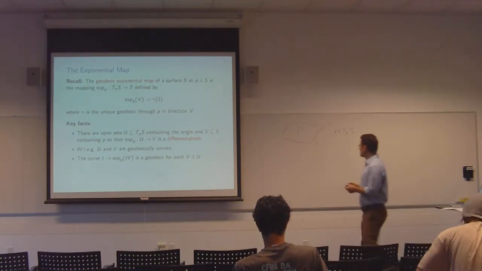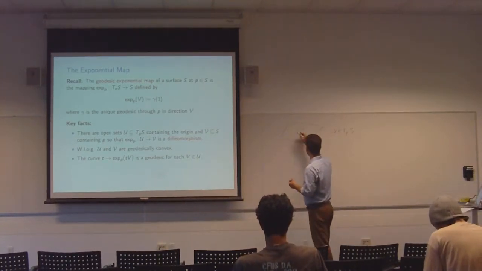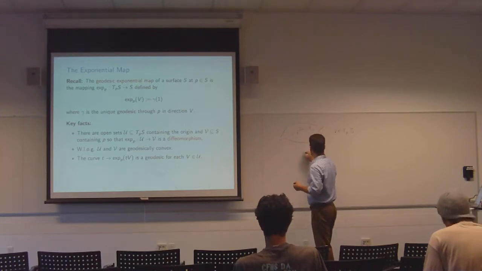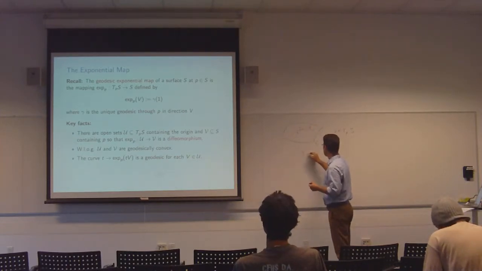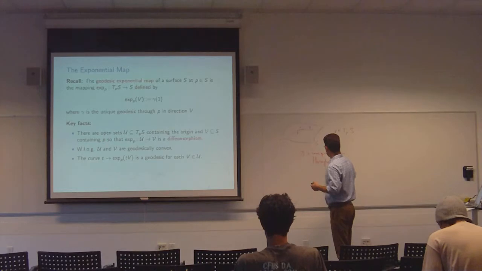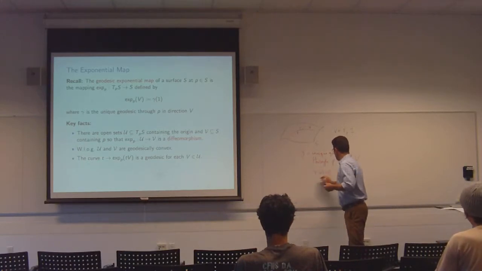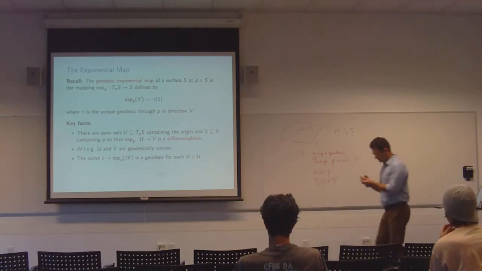Okay, and what we proved is that, well, we didn't exactly prove it, but in any case, I asserted that given P and V, there's a unique geodesic which passes through P in the direction of V. So in other words, gamma at 0 equals P, and gamma dot at 0 is equal to V.